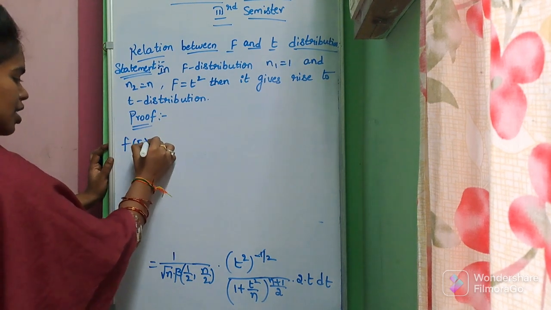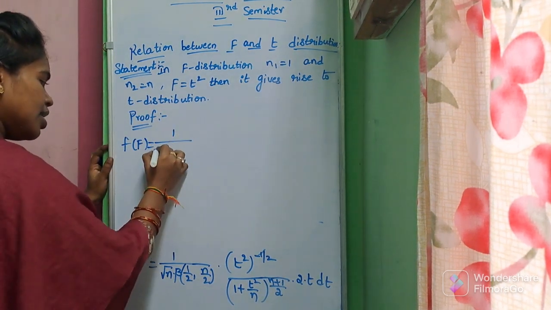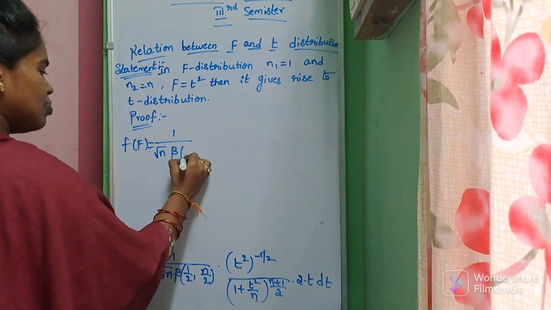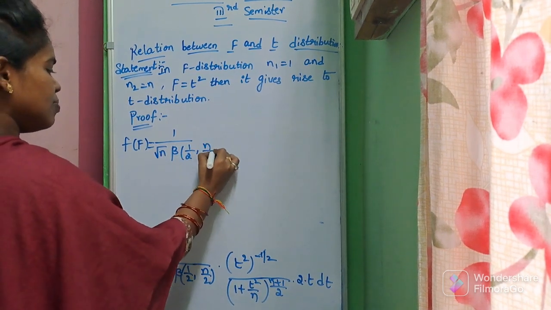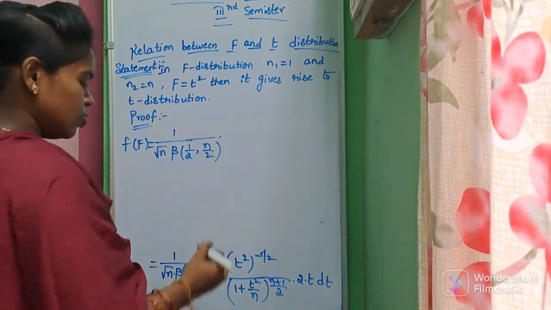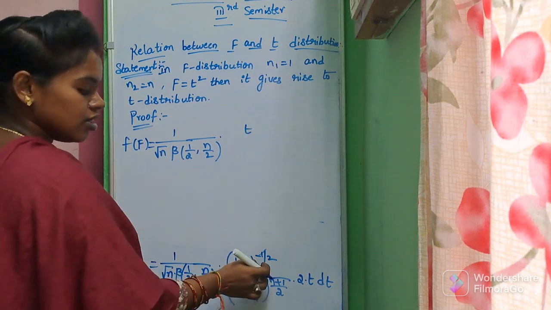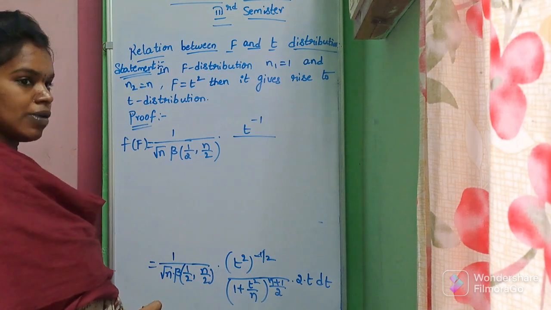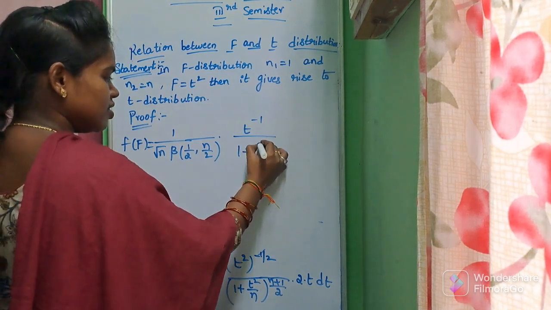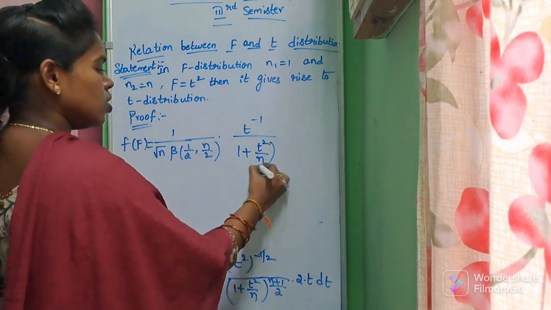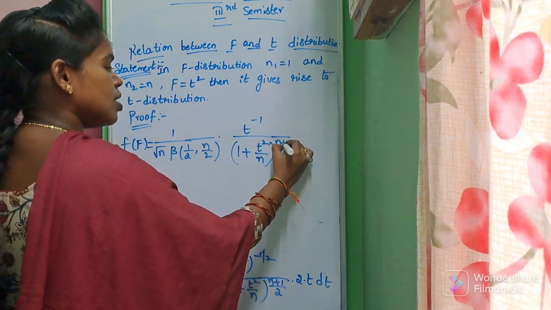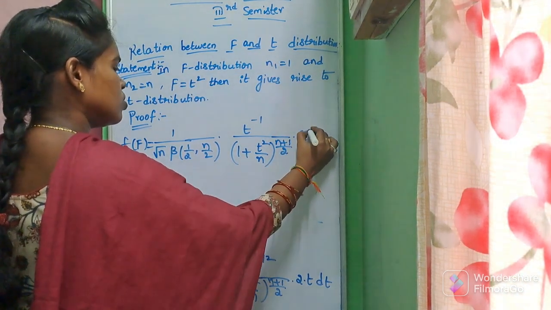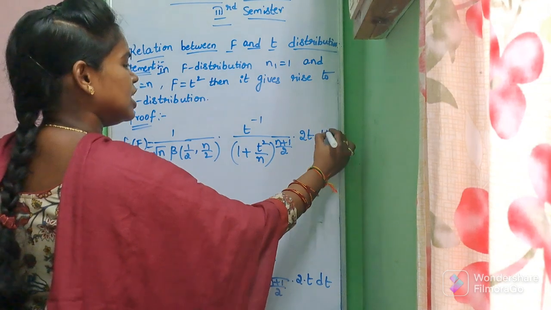So f of capital F equal to 1 by root n into beta of 1 by 2 comma n by 2 into t power minus 1, since both numerator and denominator have the same t power, by (1 plus t square by n) whole power (n plus 1) by 2 into 2t dt.